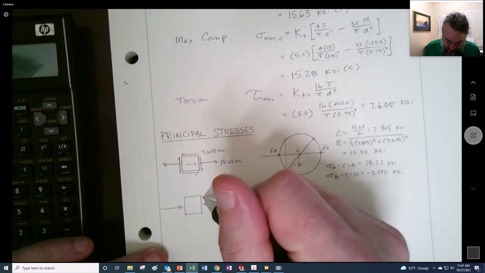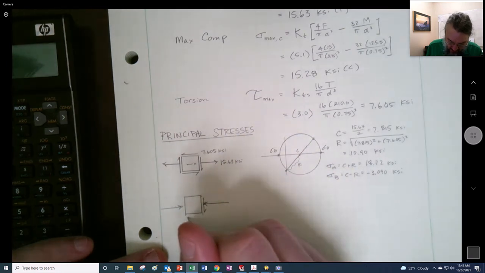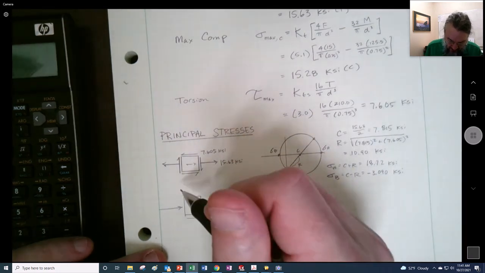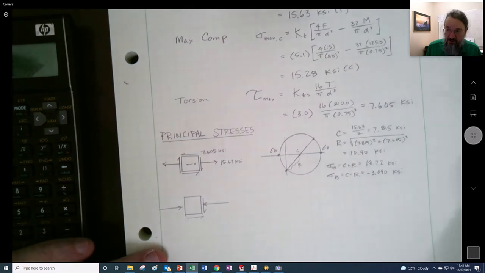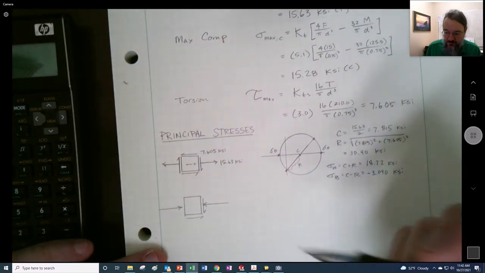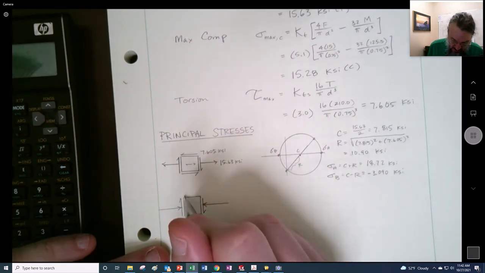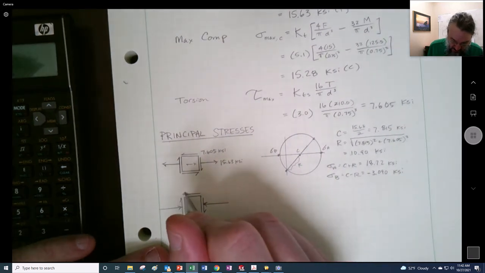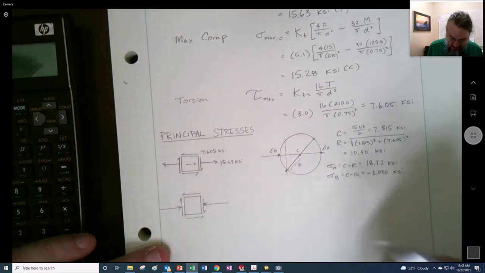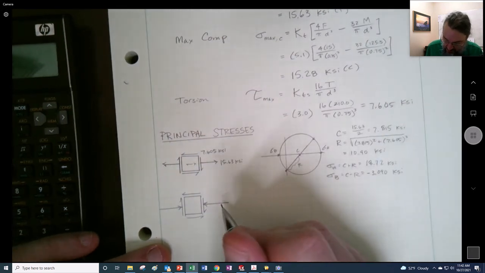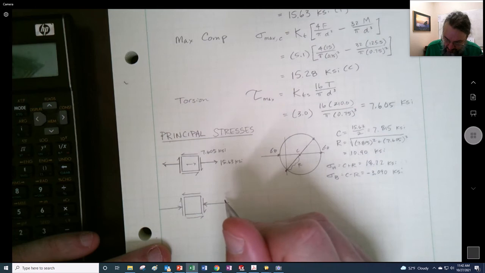It's not likely, but if we had a large amount of axial compression compared to the bending, we could come up with a scenario where this stress element would be the one that would fail, whereas the other one wouldn't. It probably would be kind of obvious, but maybe not.